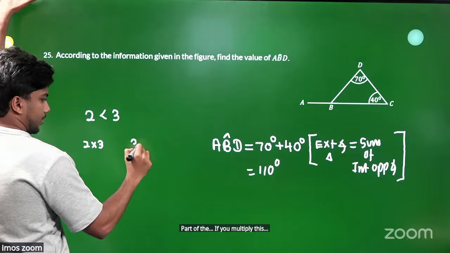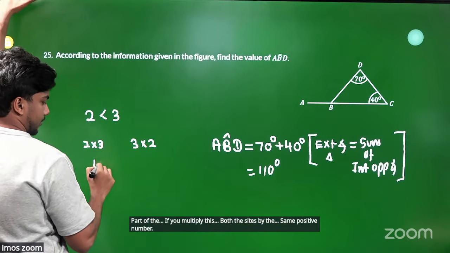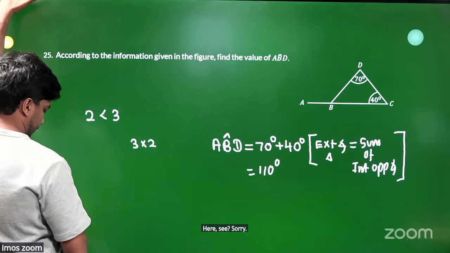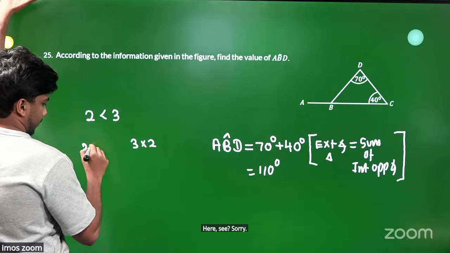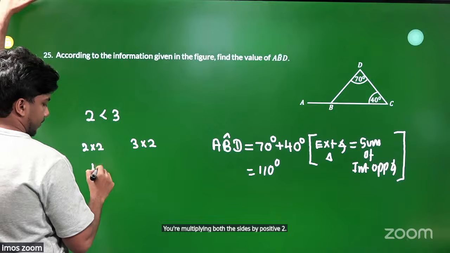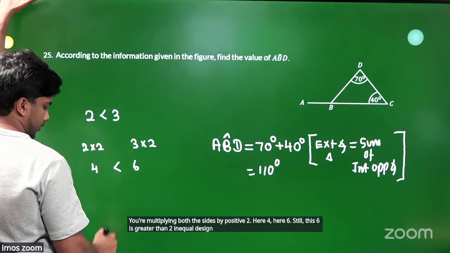If you multiply both sides by the same positive number, multiplying by positive 2, here 4, here 6. Still 6 is greater than 4. The inequality sign doesn't change.